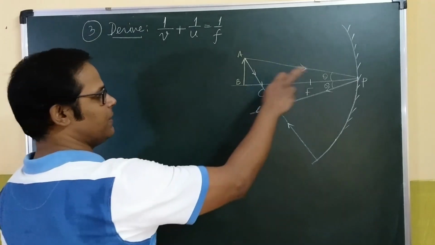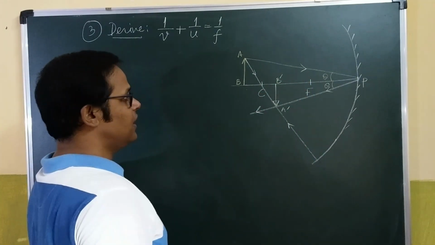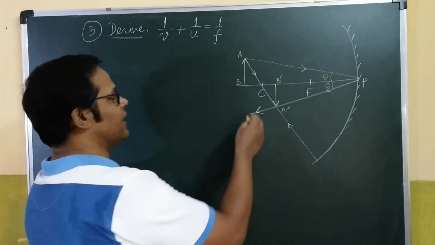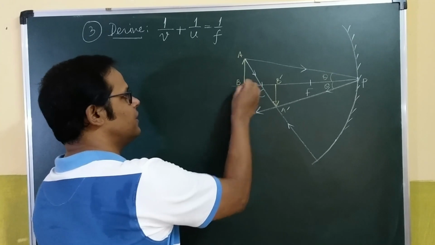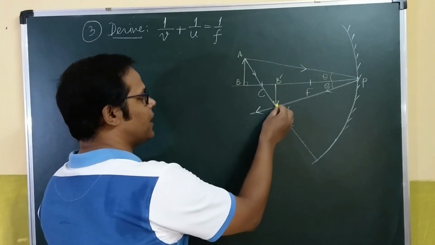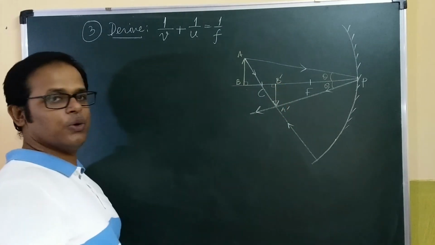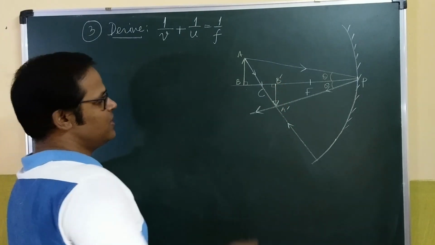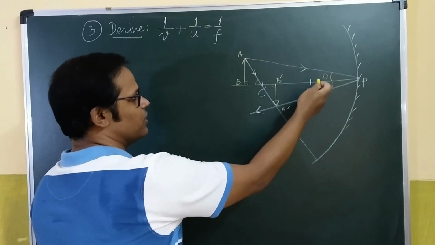You can see that there are plenty of triangles coming up. I already used 2 triangles out of it. Now you can also see there are some more triangles. A, B, C, where you have angle ABC making 90 degrees. A prime, B prime, C, where you see angle B prime also making 90 degrees. So these are like vertically opposite angles, but cannot be equal to theta.